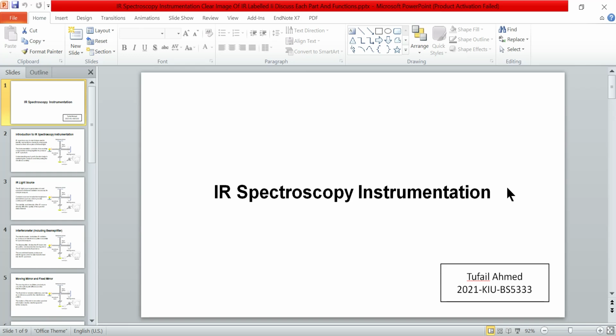In IR spectroscopy, mostly we can detect the functional group of a compound. When electromagnetic radiation falls on a compound, we can detect the functional group by using an IR instrument. So now I can go towards the IR spectroscopy instrumentation.